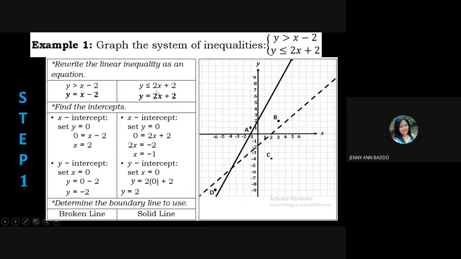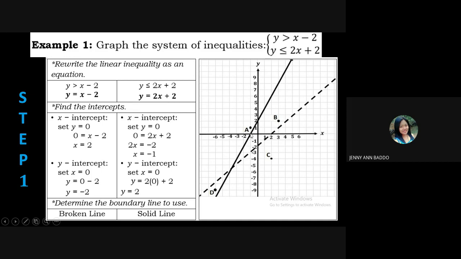For the second inequality, y is less than or equal to 2x plus 2, that is now y equals 2x plus 2. Then solving for the x and y intercepts, we have x equals negative 1 and y equals 2 by substitution. So we have x equals negative 1.